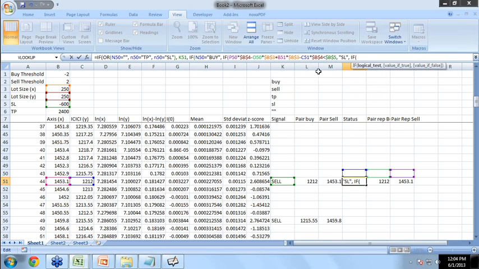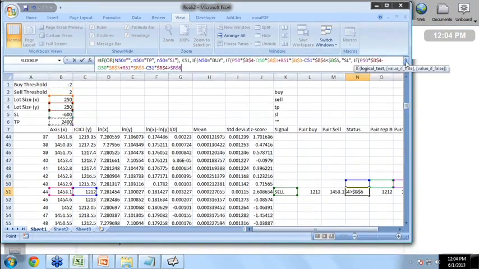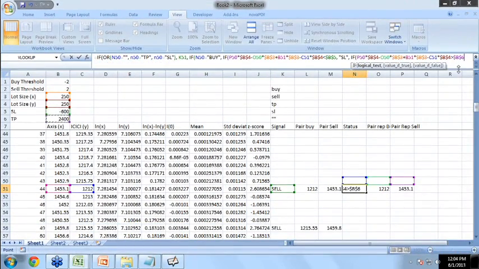Else, if the same thing, the formula remains the same for calculating the mark to market, right? So if the mark to market is greater than take profit, then we have a TP.